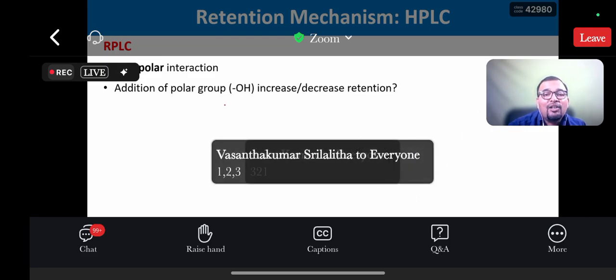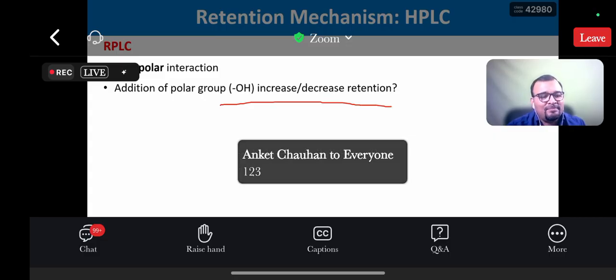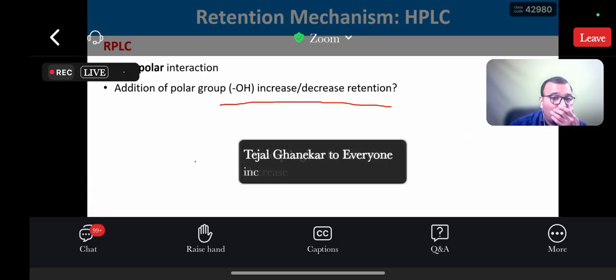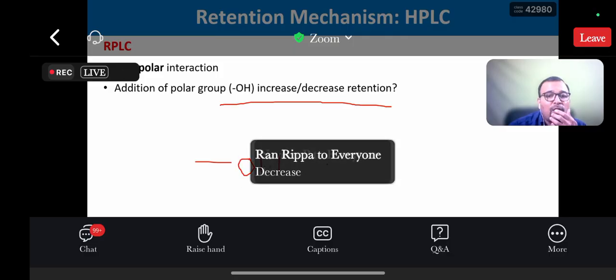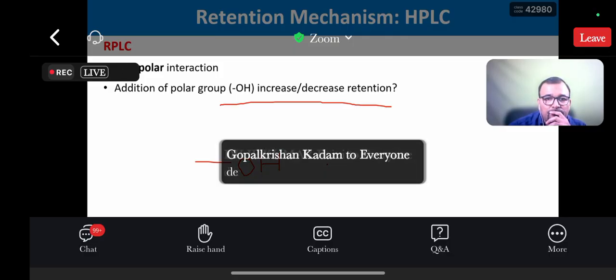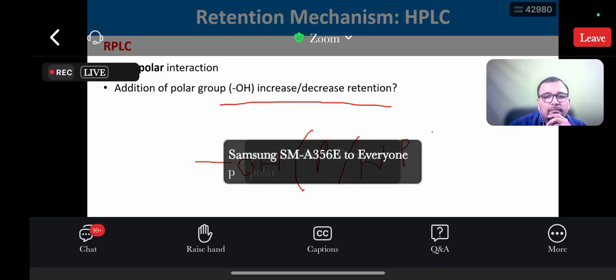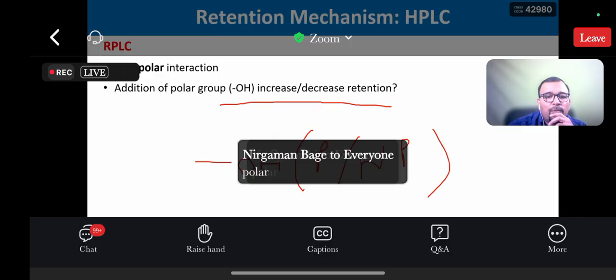Addition of hydroxyl group. Will it increase or decrease the retention? Now, what is the nature of the hydroxyl group? Is it polar or non-polar? So it is a polar functional group.